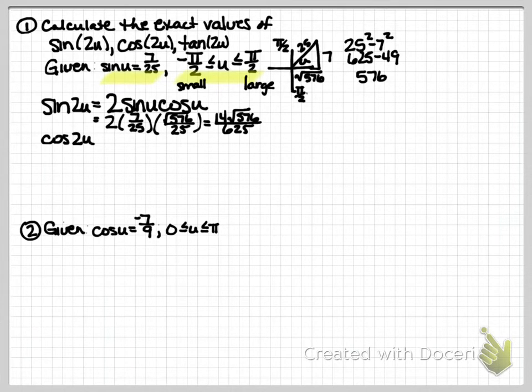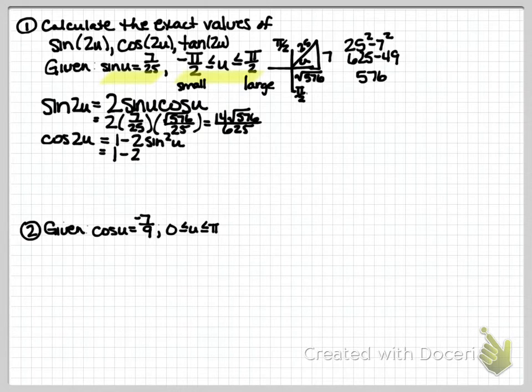So let's use the double angle for cosine that only uses sine. And that's 1 minus 2 sine squared u. If we'd been given cosine, we'd probably want to use 2 cosine squared u minus 1. That way we know we have exact values that were given to us, so there's less likelihood for us to make a mistake. Same thing, substitute in.